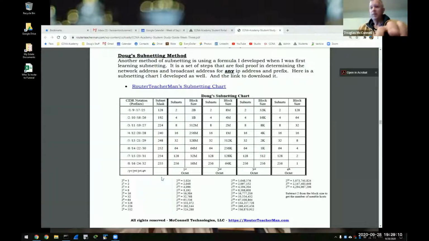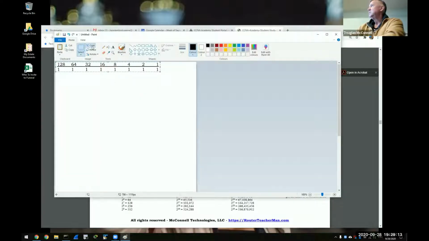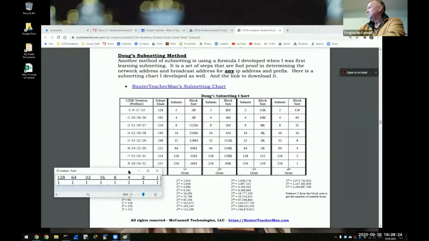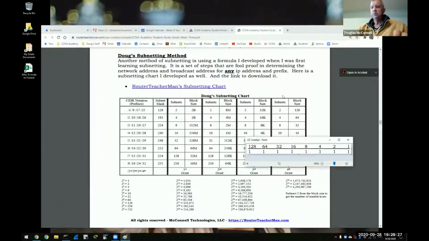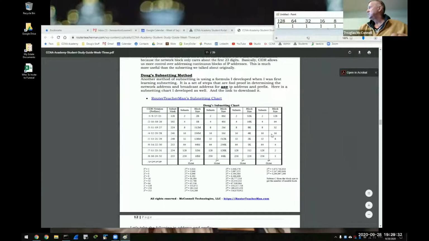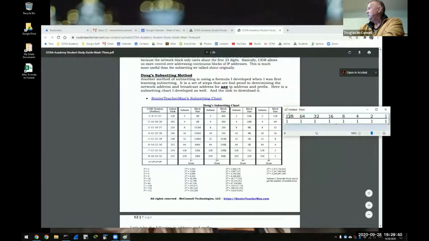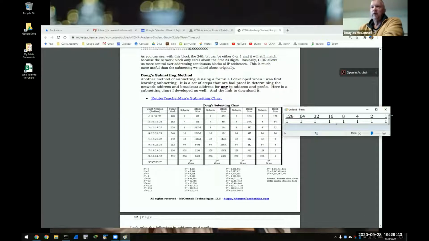Let me show what I mean. And this is what kind of turned the light bulb on for me. You see how I've taken this left to right visualization of the binary and I've just stood it up on its head on the far right.